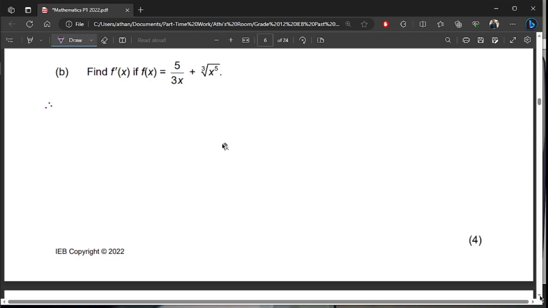Okay, now before I do that, I just want to quickly write down a formula that is going to guide us. Let's say you're given f of x as a to the power of n.